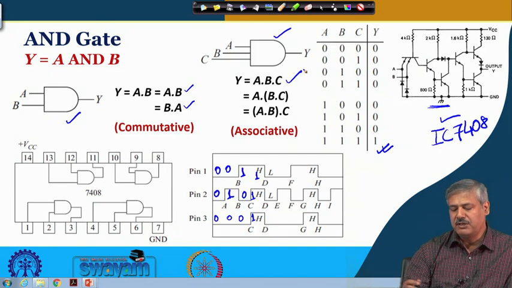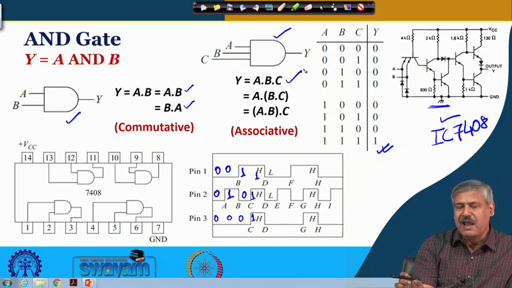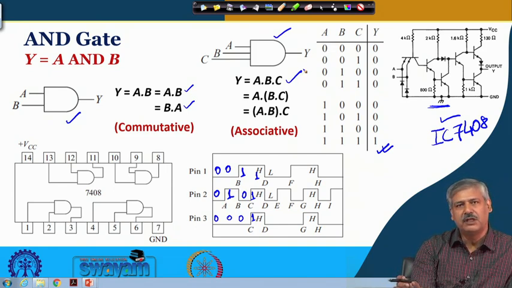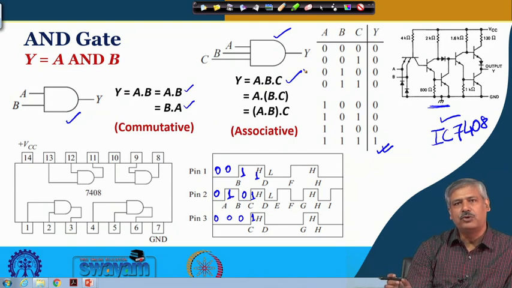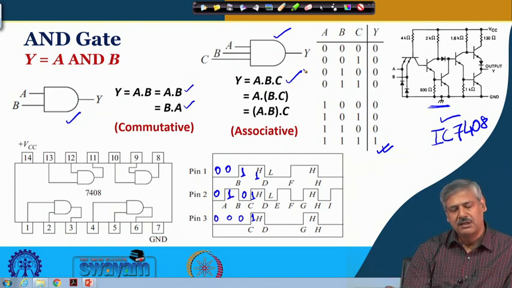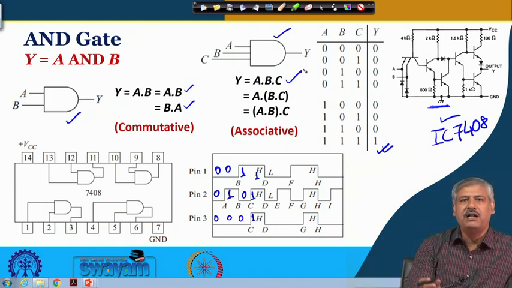One important thing over here: if you first AND B and C, which will generate an output 1 when both B and C are 1, and then this output you AND with A, then the output will be 1 when A is also 1.